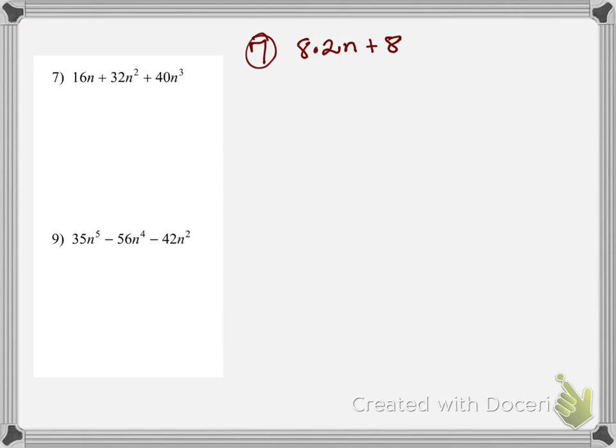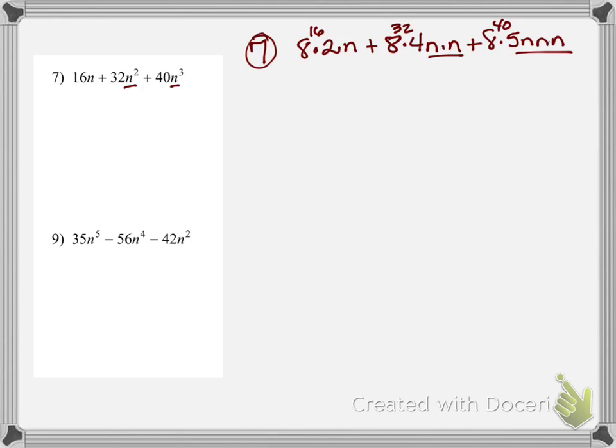And then 8 times 4, and 8 times 5. You notice how I made sure that n squared is n times n, and n cubed is n times n times n. And all I did was I broke up the 16, the 32, and the 40.